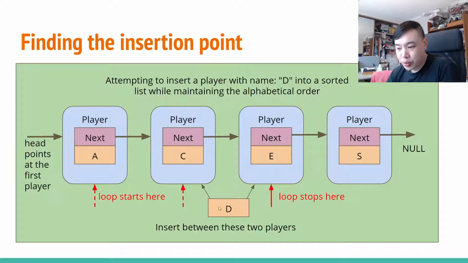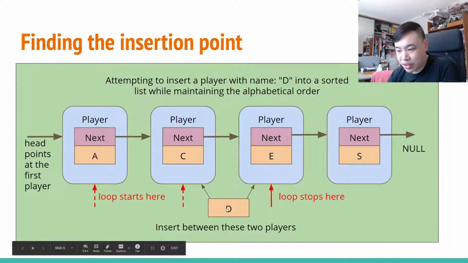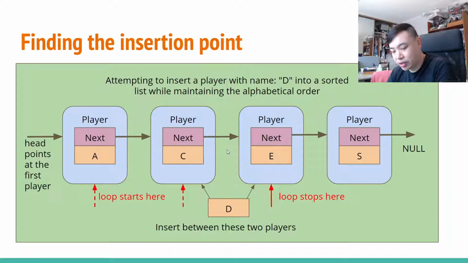We stop the loop, in this case, once D is before something alphabetically. If it's after anything alphabetically, we need to go past those objects and insert in between. So if the loop stops here, we'll have a pointer to this one, and we say insert after this node, and then we will insert the new node after this node, and it'll end up in between these two here.